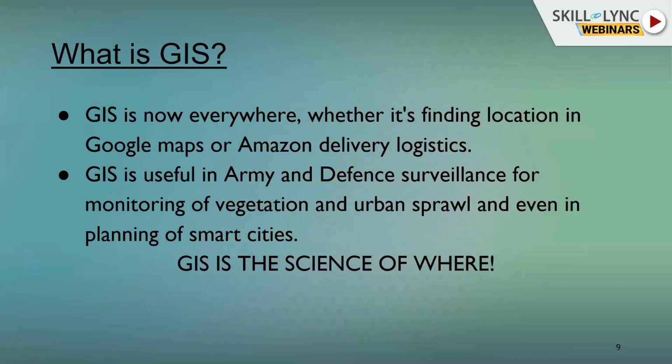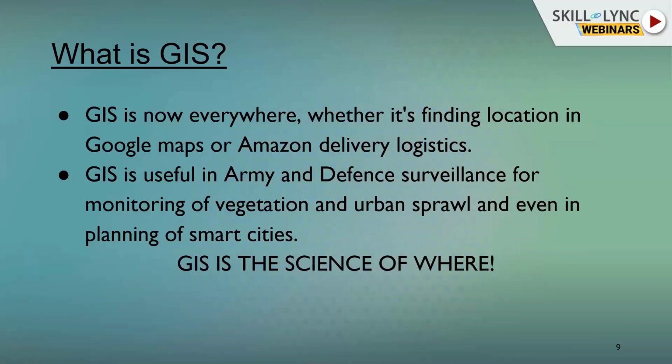So basically, GIS is the science of where, right? The question of where is this, which arises in your mind, is answered with the help of GIS. Of course, you need to be skilled to do such analysis, and various tools and techniques are there.